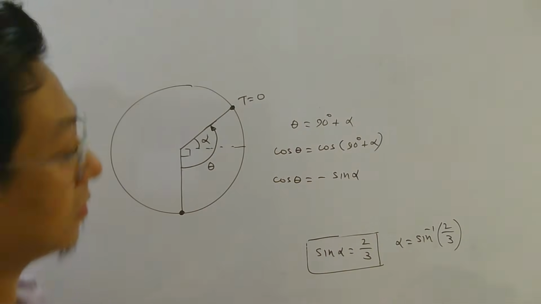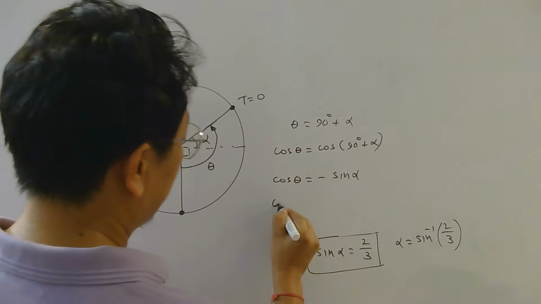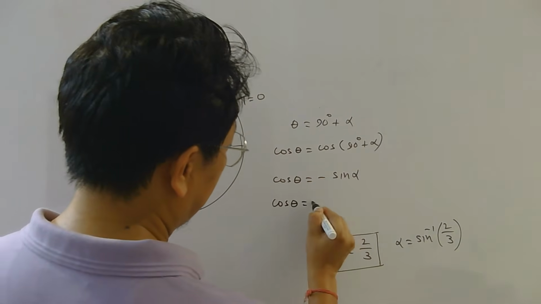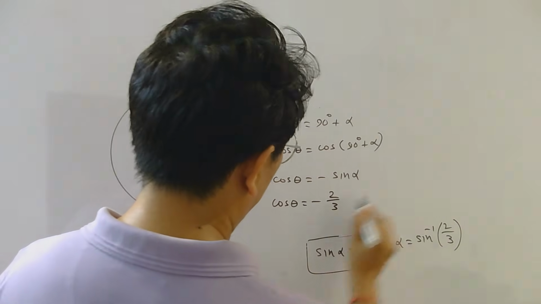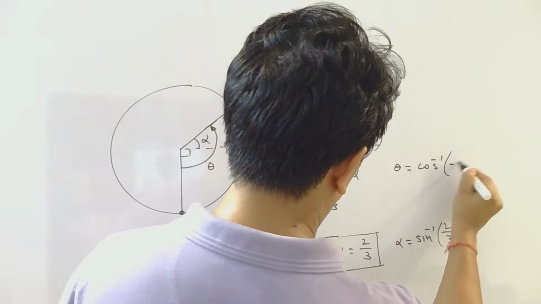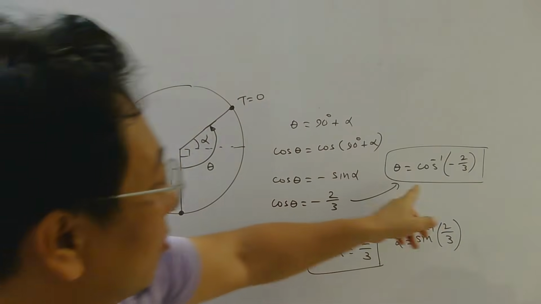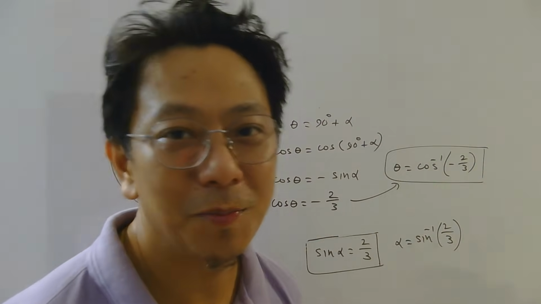Cos of 90 plus alpha is in the second quadrant, so cos will be negative. And sine alpha is how much we found? Sine alpha is 2 by 3. So theta, the angle turned, will be what? Cos inverse of minus 2 by 3. So when the pendulum turns by an angle of cos inverse of minus 2 by 3, tension will become 0. Okay.